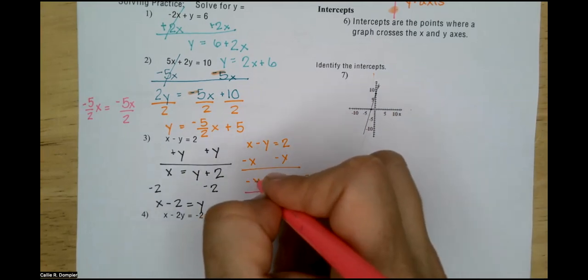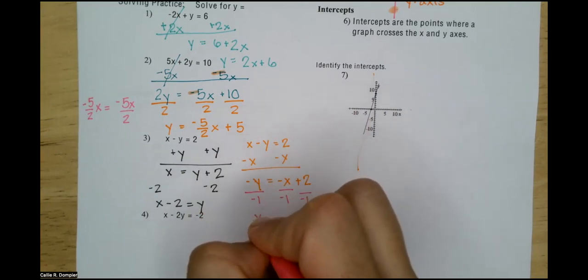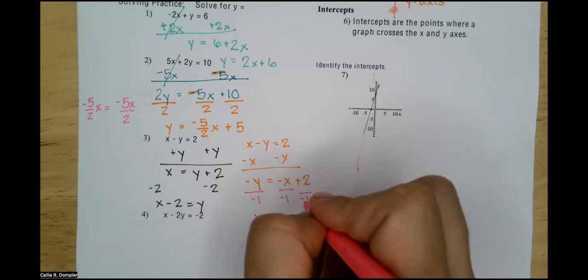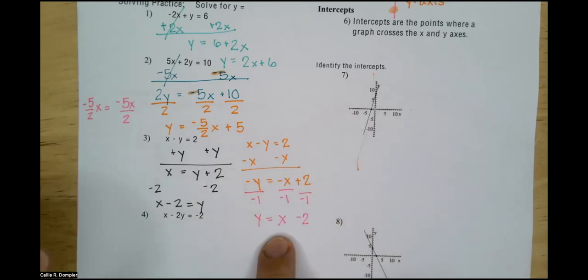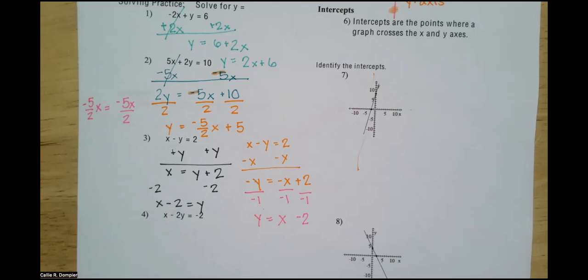Either way, anything divided by 1 is itself, but a negative divided by a negative becomes a positive. Positive divided by negative becomes a negative. Okay, either way, you get y equals x minus 2 or y equals negative 2 plus x, however you want to write it. I recommend you writing it in y equals mx plus b form.